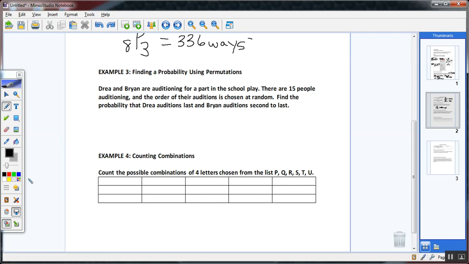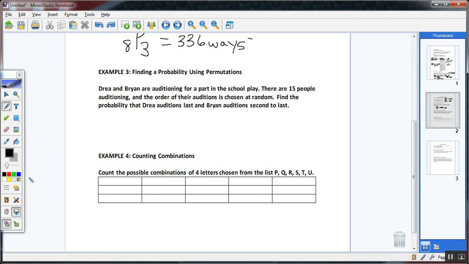But how many different ways can they arrange this, kids? A lot. How many people are there? 15. So there's 15 different people. How am I going to figure out how many different arrangements there would be to go in order for that? 15P something. 15P, all what?